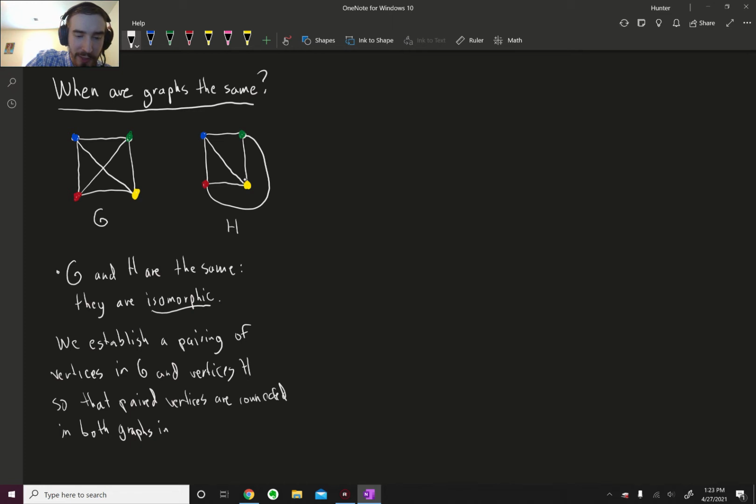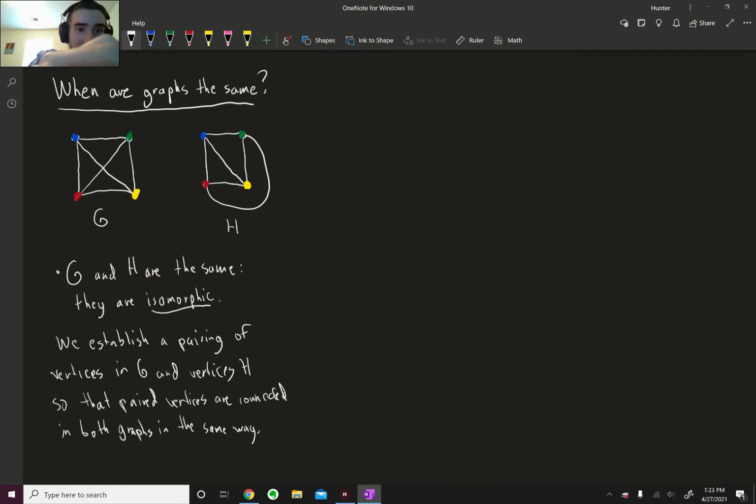And maybe I should say they're connected in the same way. And by that I just mean that I don't have two edges connecting blue and red in graph G, but only one in graph H. I have the same number of edges connecting each pair, or each set of paired vertices in G and in H.